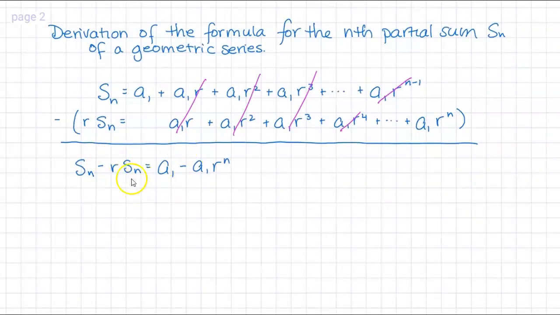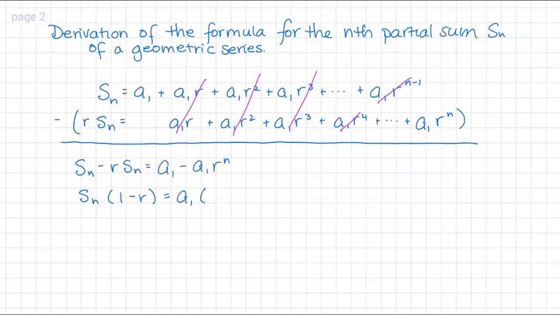And now I actually have a formula that's going to be useful. I can go ahead and take this formula and solve for s sub n. I'm going to factor that out, and I'll have 1 minus r. You don't have to factor out the a sub 1, but when you see the formula written in most books, and I think it's just because it is easier to work with, we usually factor out the a sub 1.